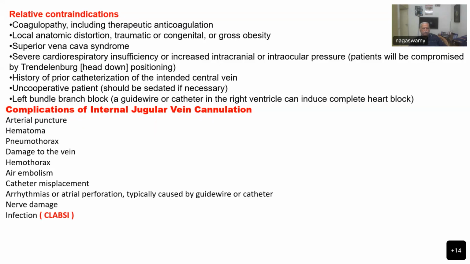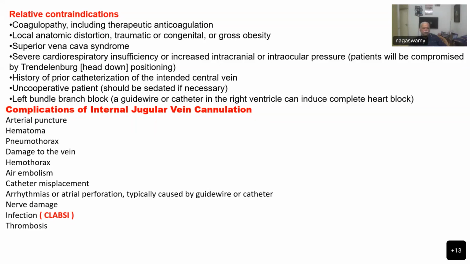And I have put one in red capital letters, CLABSI. What does that CLABSI mean? Central line associated bloodstream infection. So it is not mere local infection, it can produce an entire bloodstream infection.